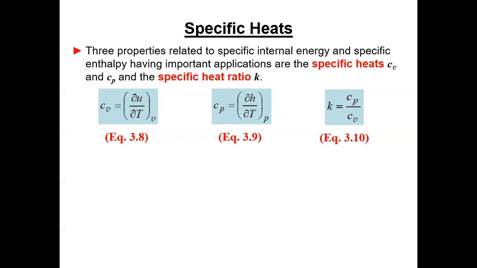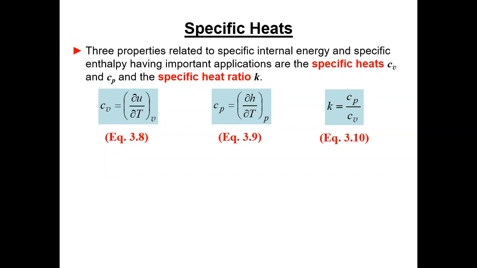But if you think about it, what is internal energy? I mean, it's energy per unit mass. And so this is, how does energy per unit mass of a substance change with respect to temperature? So, if I have some substance here and I double the temperature of it, well, how much has the internal energy changed?